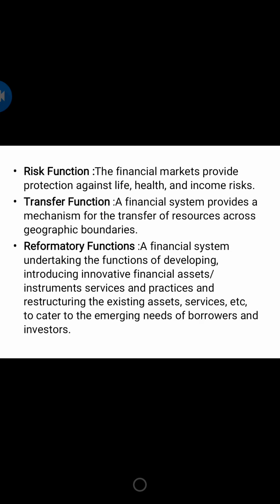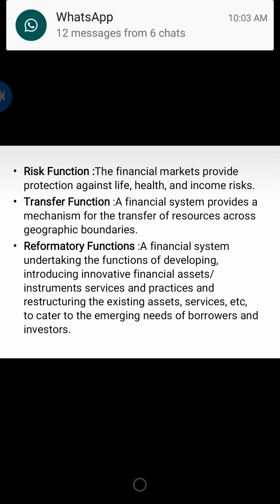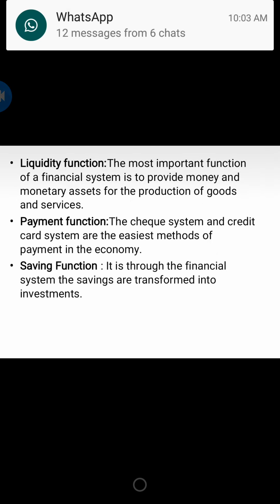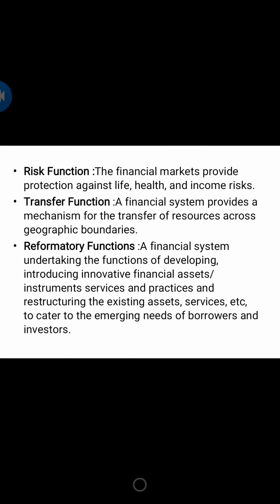These guarantees are accomplished through the sale of life insurance, health insurance and property insurance. There are various insurance policies, and these policies will help you to undertake the risk function.